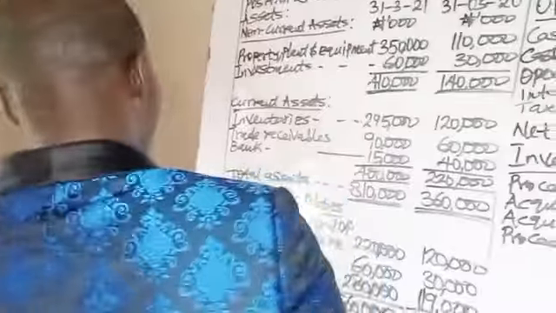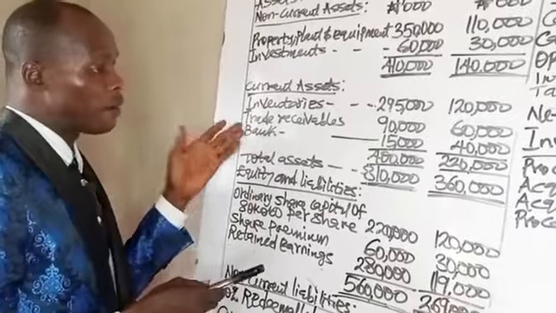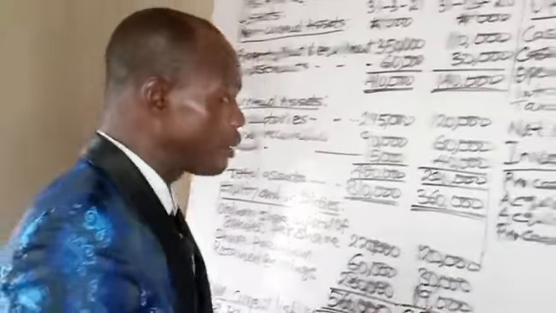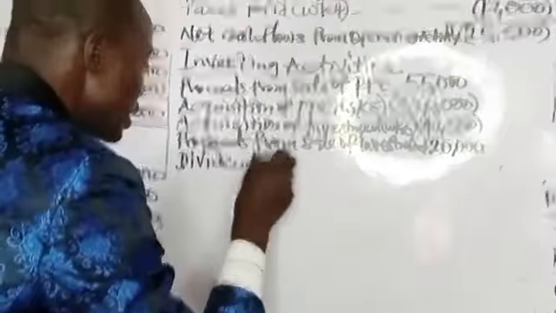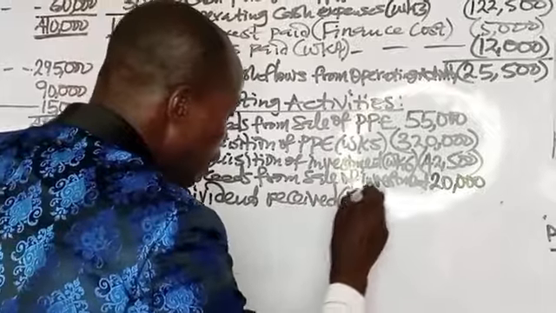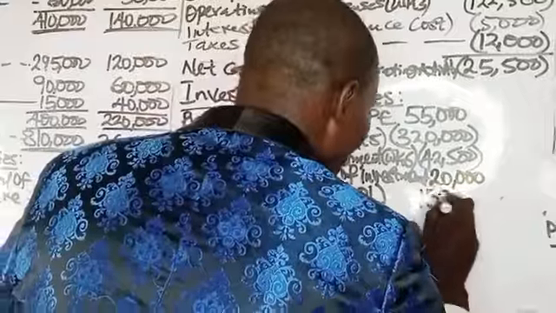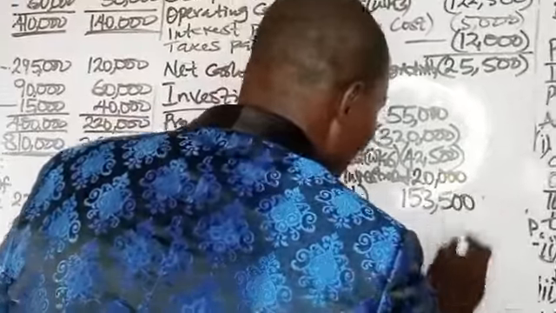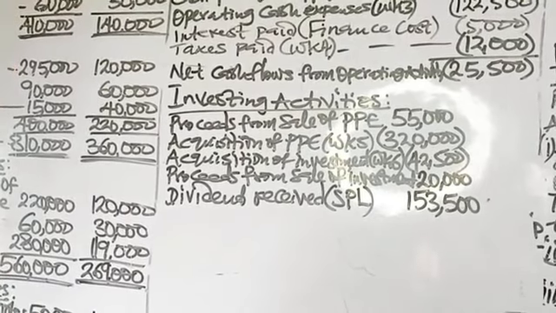If you go through the current assets, we do not have dividend receivables. That means that 153.5 million have been received. So we have dividend received from statement of profit or loss. That dividend received is 153.5 million. So that will be reported as investing activities.